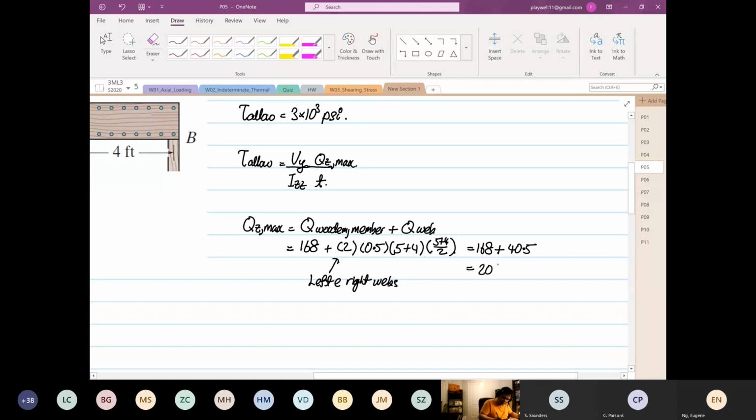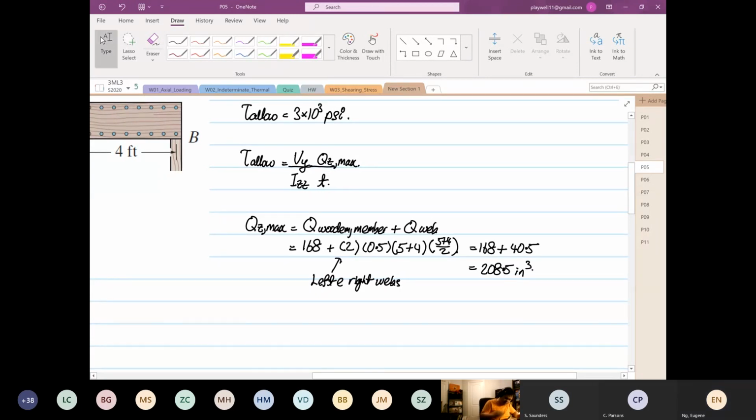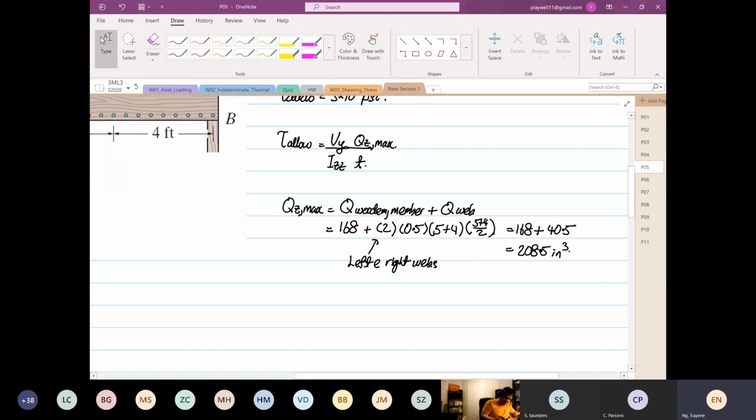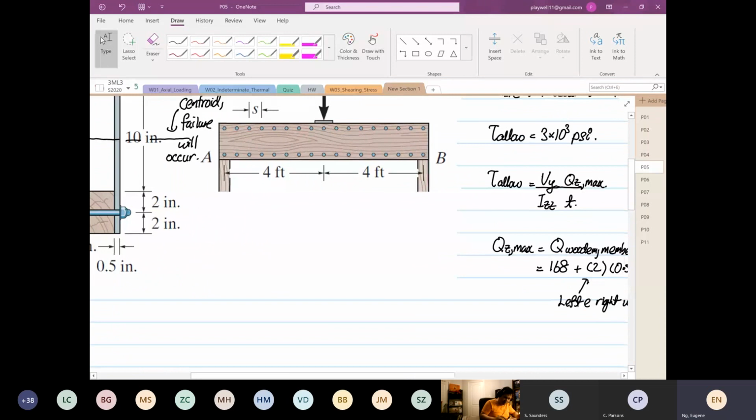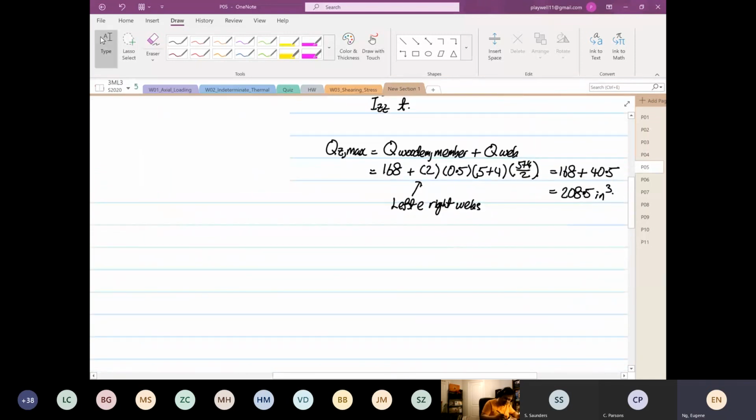So now we can calculate. The T over here is 0.5 inch, but you have left and right also. So the shear allowable is 3 times 10 to the power 3. The V is P over 2. The I, it's given, is 2902. And then the Qz max is 208.5.